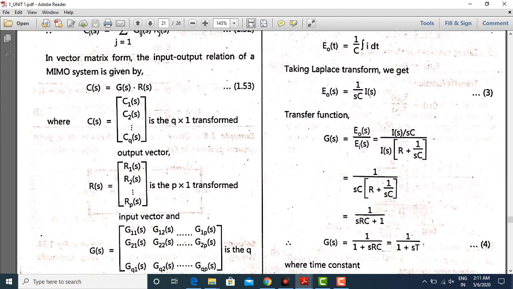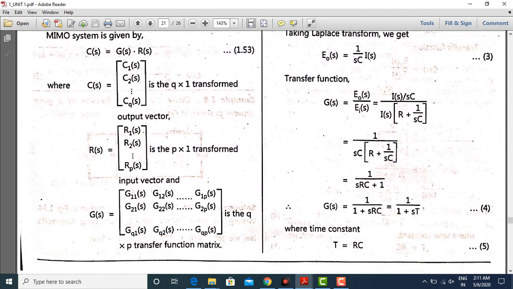In generalized form, C of S will vary C1, C2 and so on up to CQ. R will vary R1, R2 and so on up to RP.